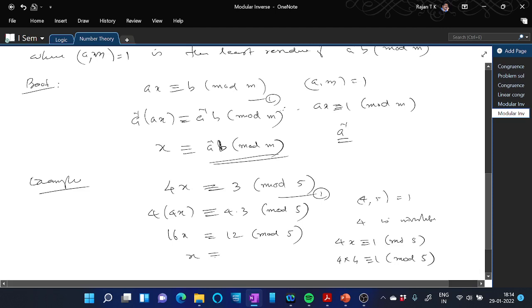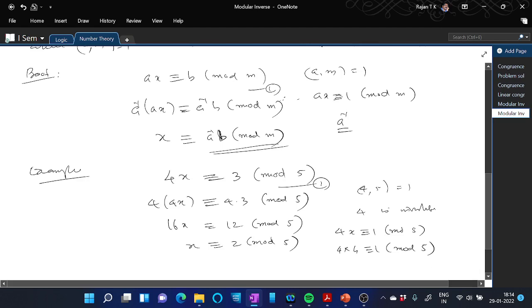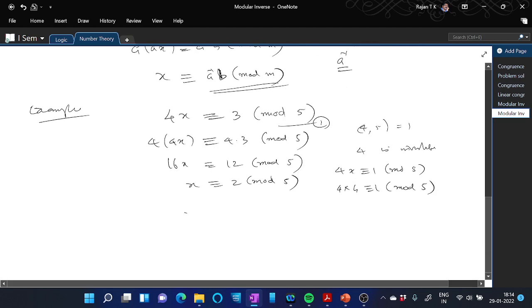Similarly, 12 mod 5 is the same as 2 mod 5, because 12 we can write as 10 plus 2. So x is congruent to 2 mod 5 means any x is in the form 2 plus 5t, where t is an integer. So this is the solution to 4x ≡ 3 mod 5. For t equal to 0, x equal to 2 is a solution.